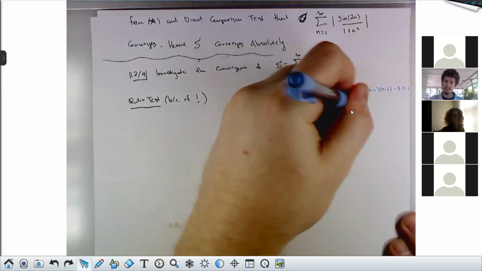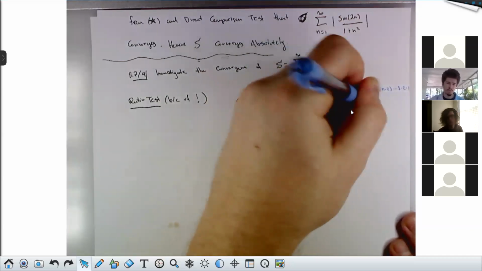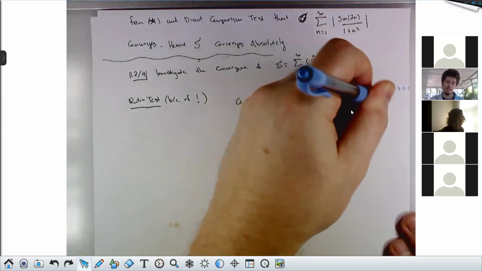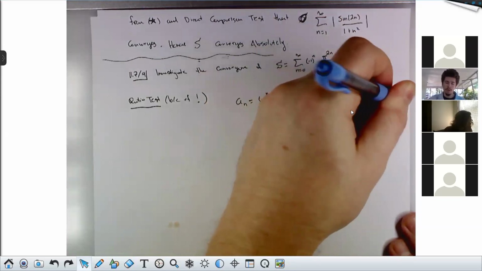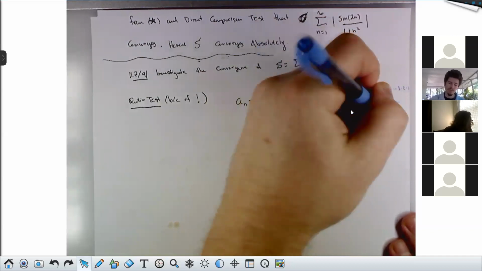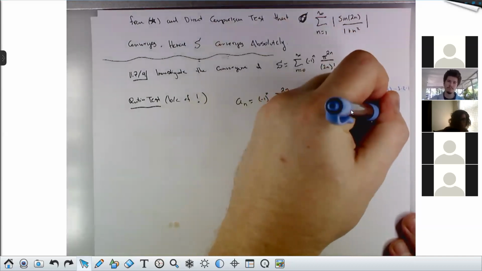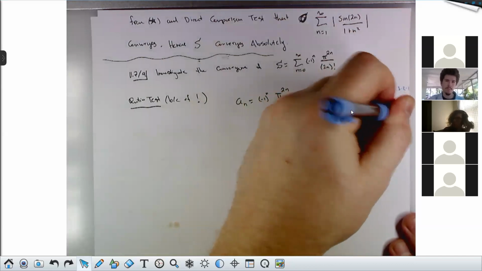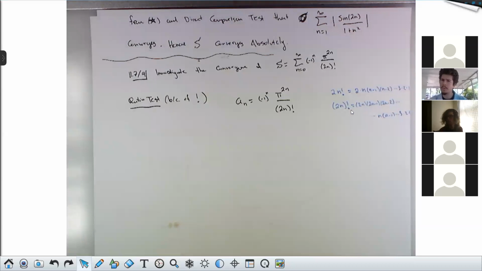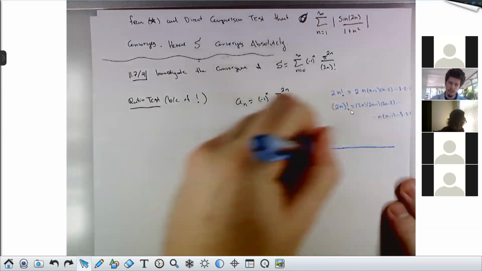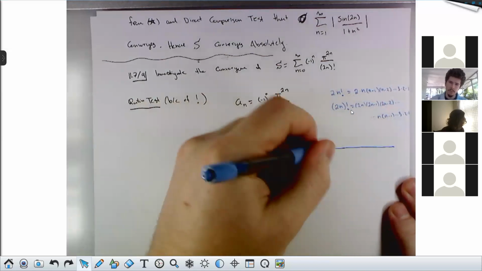This one is 2n times 2n minus 1 times 2n minus 2 all the way down to, eventually I'm going to hit n and then n minus 1 and then all the way down to 3 times 2 times 1. All right, so n factorial, another way to think of this, let me put this on the number line.